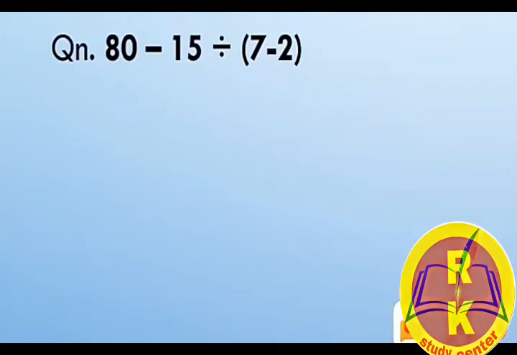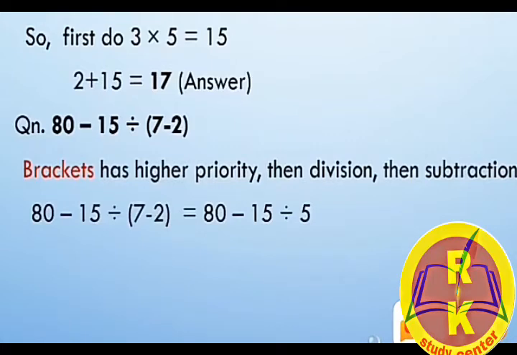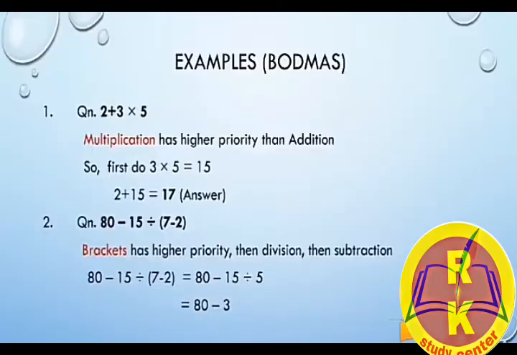Then we have a minus and a division. Division has more priority than subtraction. So we have to do division, then subtraction. So here the order of operation is first bracket, then division, then subtraction. So the answer is 77.